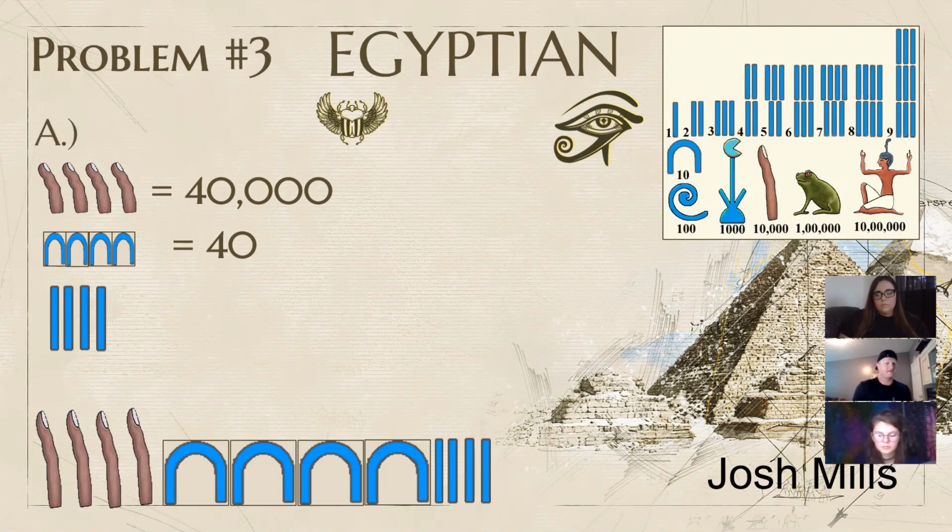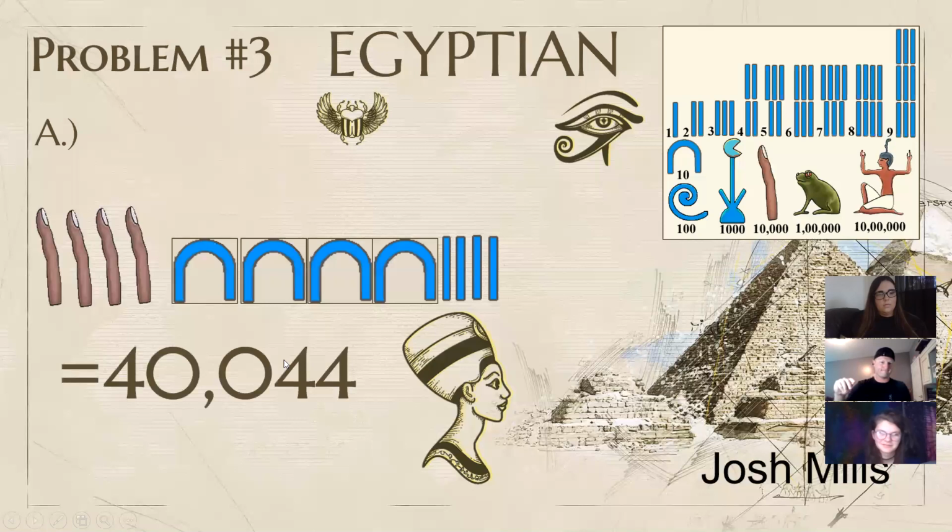Again, we have 4 N's, so it equals 40. And then with the slash, there were 4 single slashes, which represented 4. You put them together, and what do we get? On the next slide, all that together, we get 40,044.